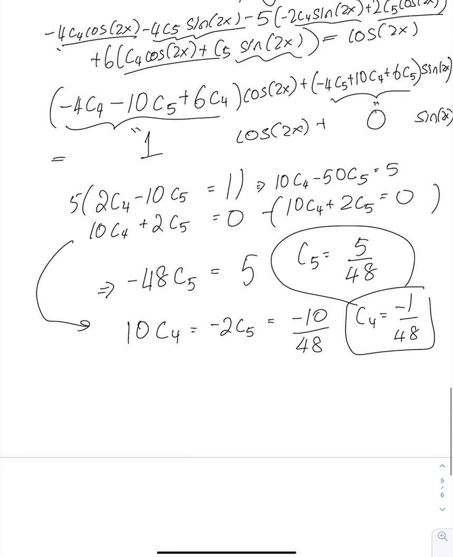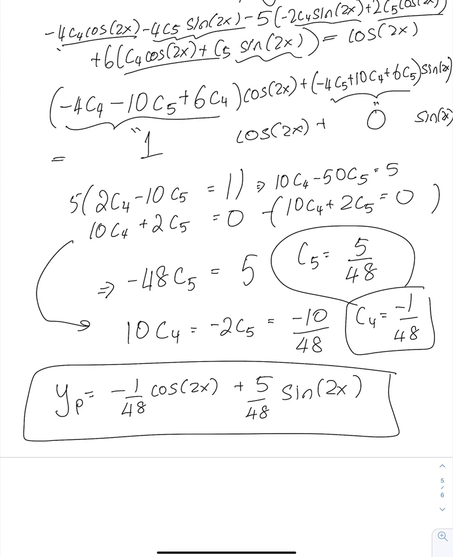Okay, so that tells you that yp, a particular solution to the inhomogeneous equation, will be minus 1 over 48 cosine 2x plus 5 over 48 sine 2x. Okay, that solves the inhomogeneous equation.